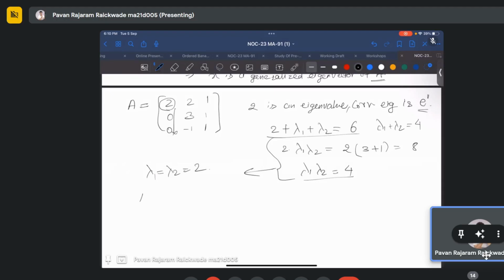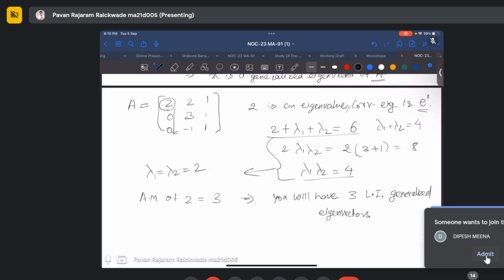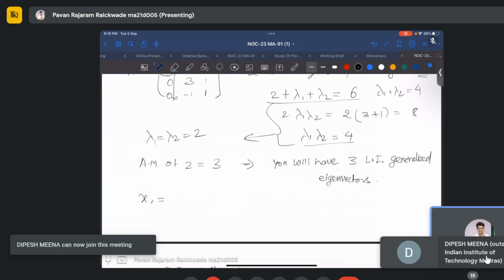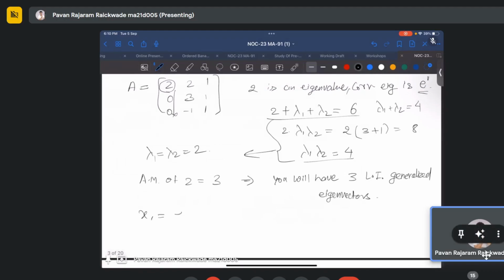For example, here the algebraic multiplicity of 2 is 3, which implies you will have 3 linearly independent generalized eigenvectors. Let's find those. The first one is x1, which is simply E1, that is 1 0 0, right?